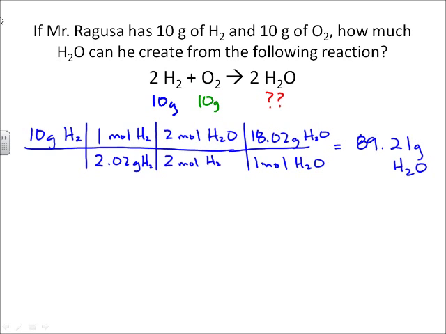Now we're going to have to do another problem for oxygen. We start with 10 grams again, and we're going to find out which one is going to be our limiting reactant.